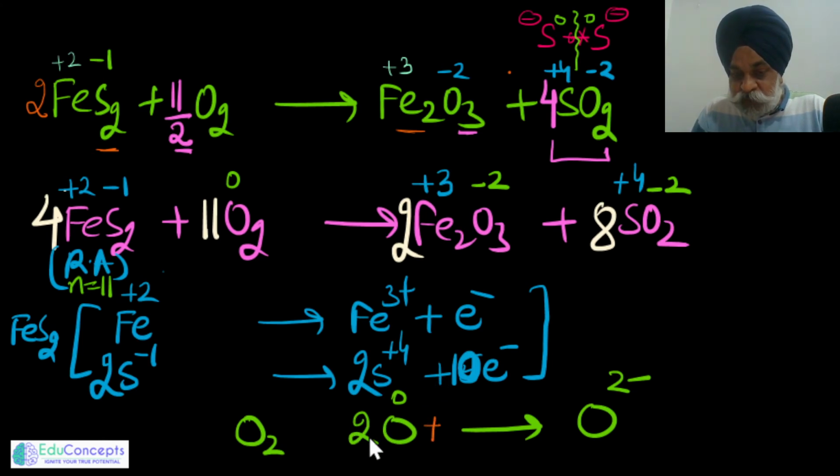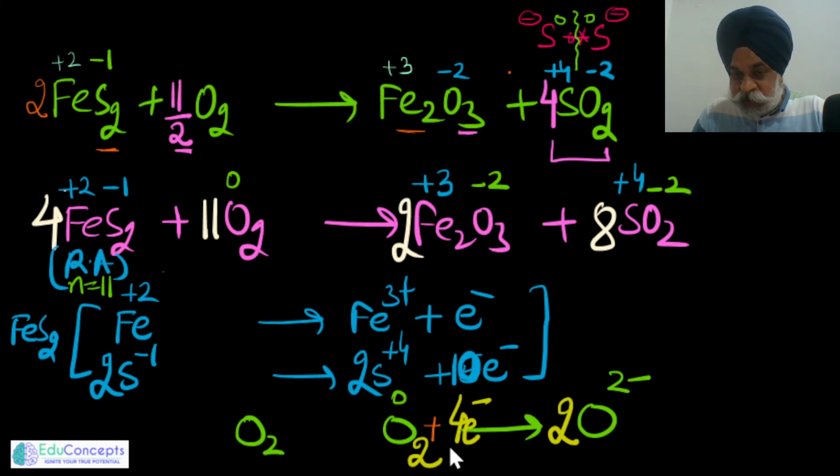Let me write it like this, this would make you more comfortable. O2, 2 oxygen atoms in 0 oxidation state, goes to -2. So to balance it, I have to place 2 O2-, so that on both sides the oxygen atoms are balanced, and this charge balancing can happen with the help of gaining 4 electrons.